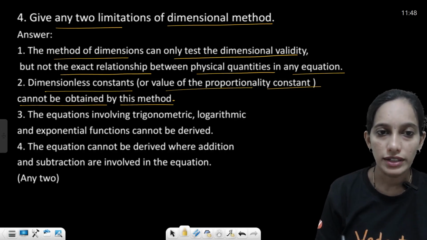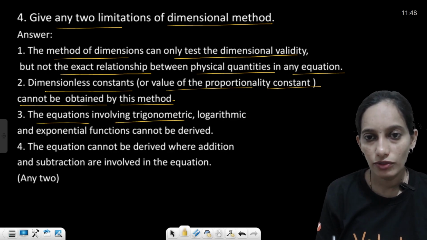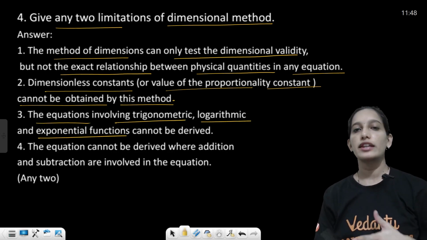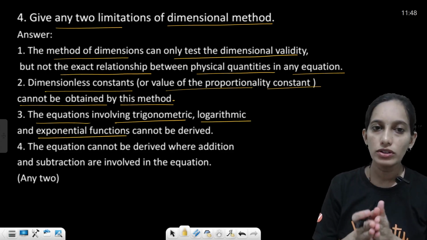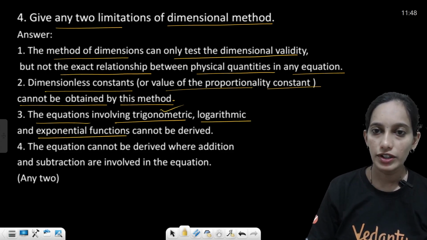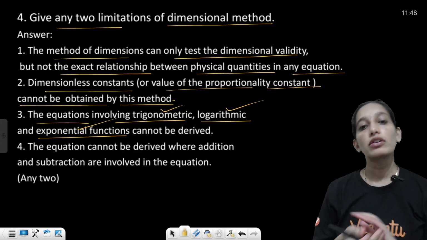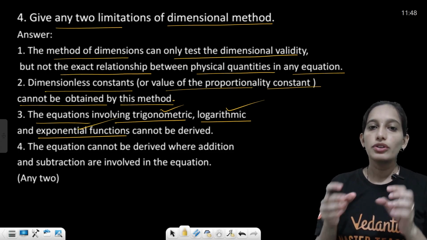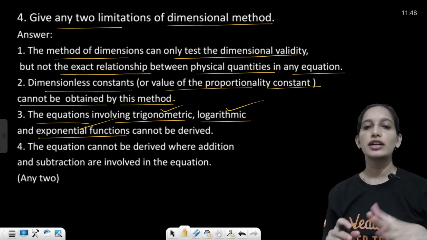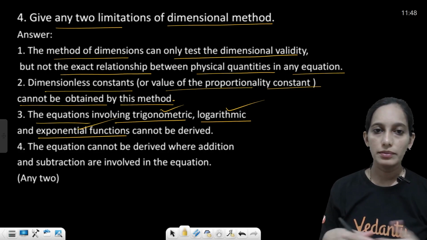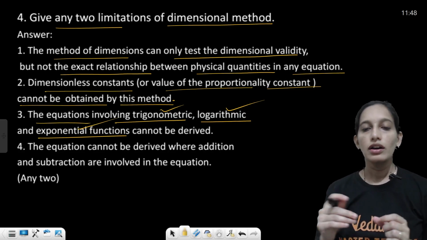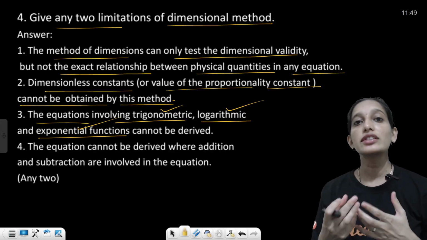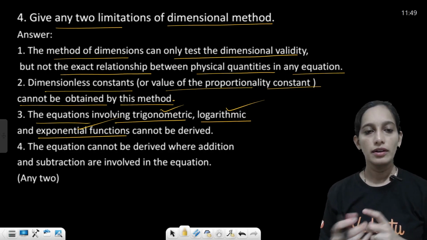Next, equations involving trigonometric, logarithmic and exponential functions cannot be derived, because we know that these trigonometric, logarithmic or exponential functions are all dimensionless. So if some equation involves terms of trigonometric, logarithmic or exponential functions, as they are dimensionless, we cannot derive such an equation by using the dimensional method.